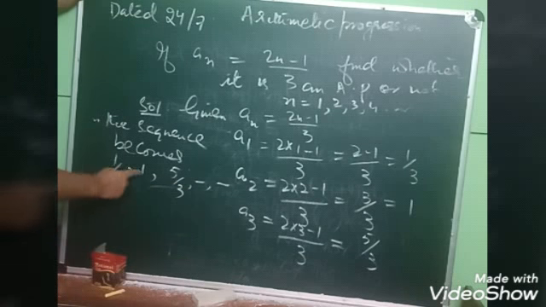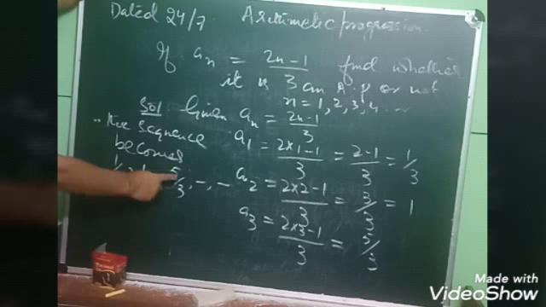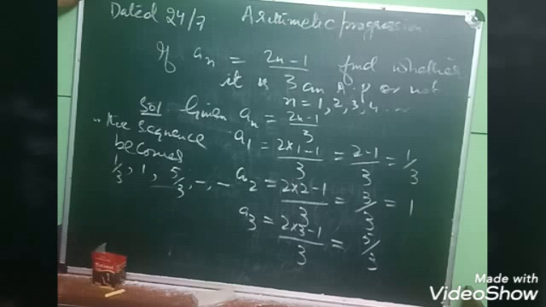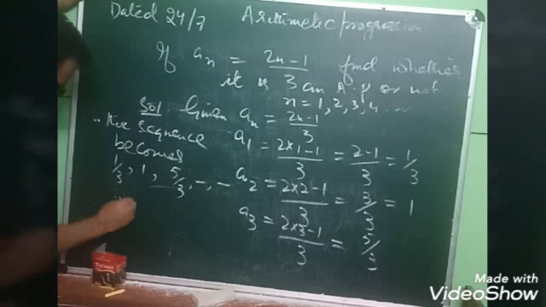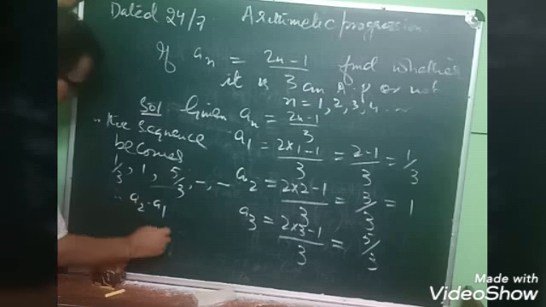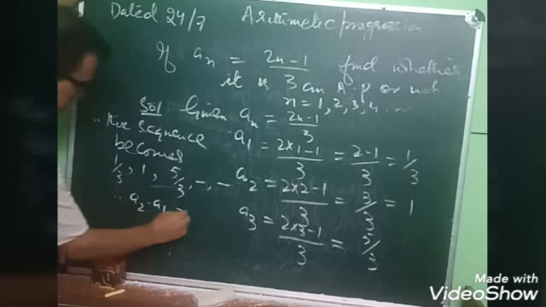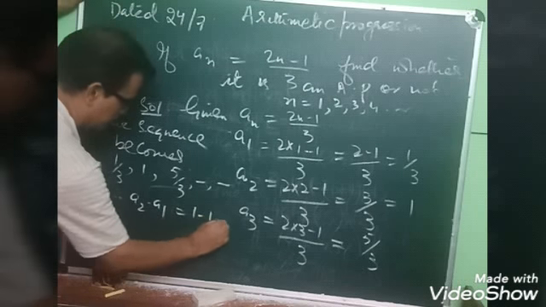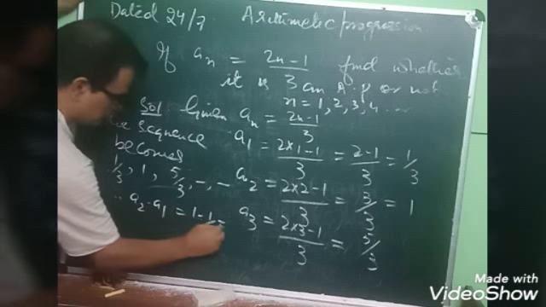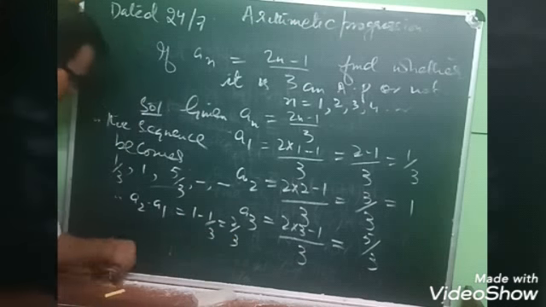Now what is A1, what is A2, what is A3? A1 is 1 by 3, A2 is 1, A3 is 5 by 3. Therefore A2 minus A1 is equal to 1 minus 1 by 3. 3 ones are 3 minus 1 is 2 upon 3.